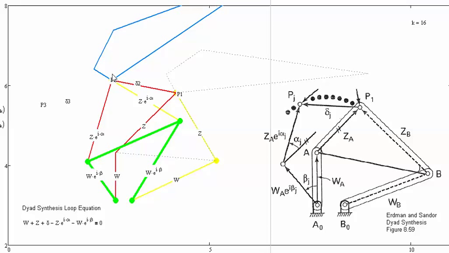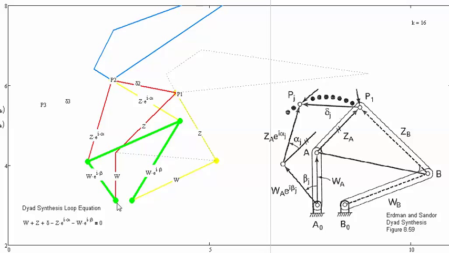Okay, and then we have the Z vector in the second position. And in this figure, we have the Z vector in the second position. And then we have the W vector in the second position. And we have a vector loop. And that vector loop will give us our governing equation. That loop travels through the W vector plus Z plus delta 2 minus this Z thing minus this W thing.